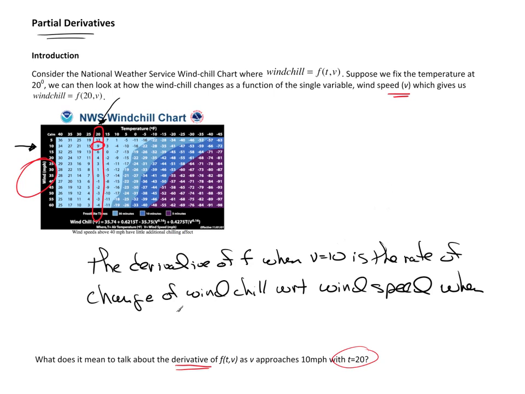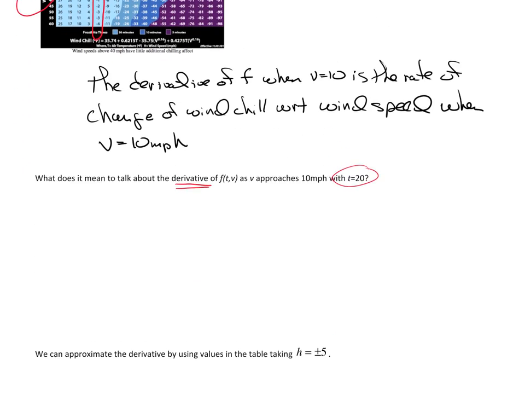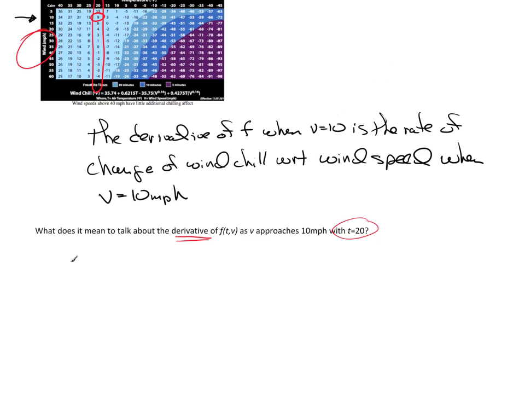Specifically when that wind speed v is 10 miles per hour. Now, in terms of a function, the way we would think about this is that f prime evaluated at 10, using the basic definition of a derivative, equals the limit as h goes to 0 of f of 10 plus h minus f of 10, divided by h.